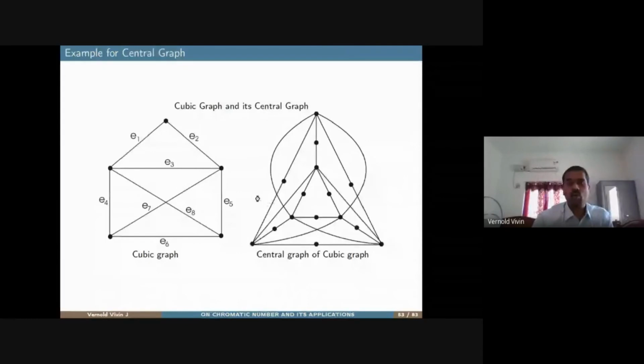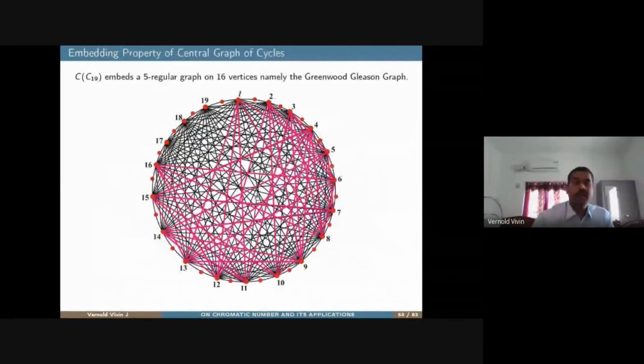Okay. So why have we defined this central graph? It has beautiful properties called graph embeddings. The graph shown here is the central graph of C19, where C19 is a cycle with 19 vertices.